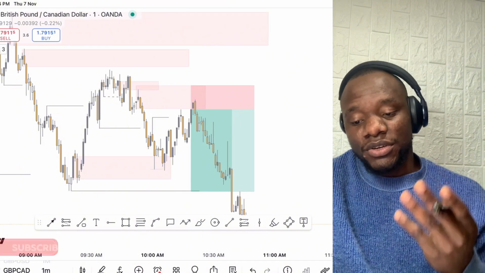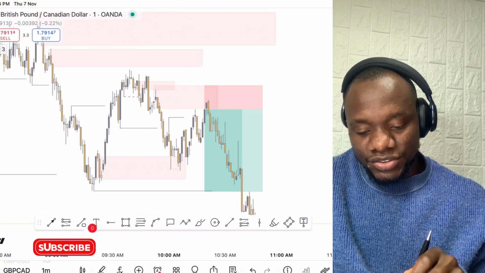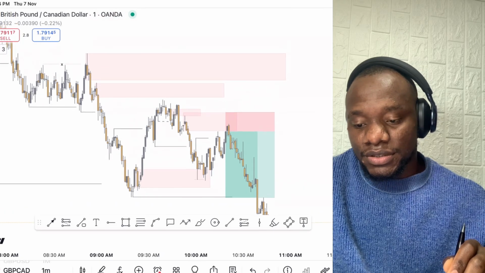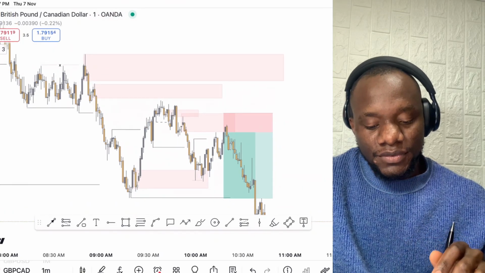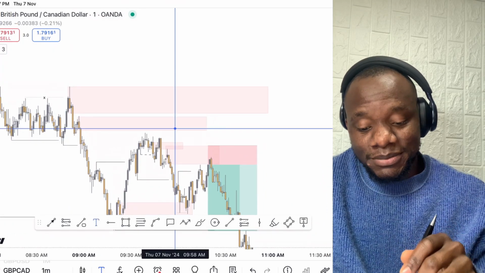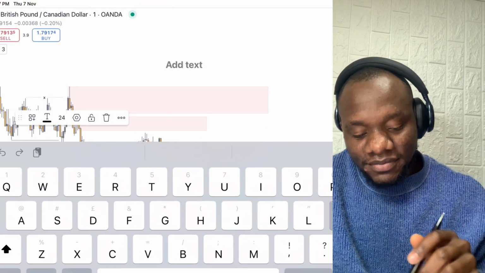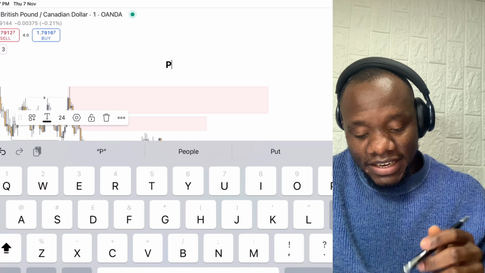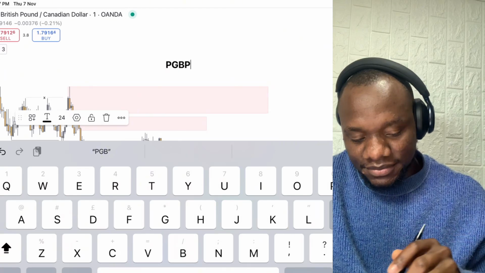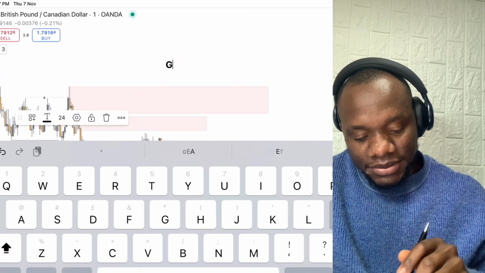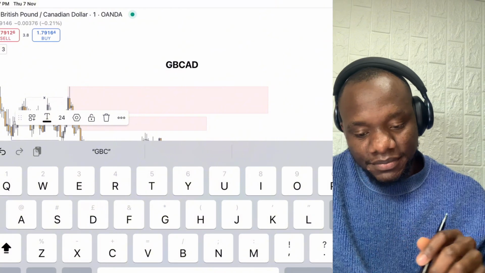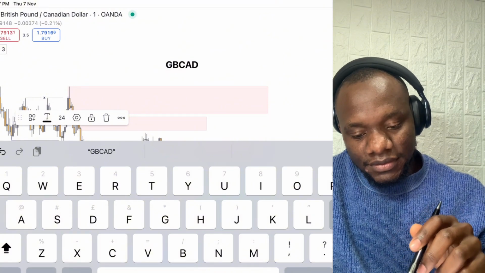So this morning I woke up and found a trade on GBP/CAD. I don't know how come I started trading GBP/CAD, but I felt like it's one of the pairs I like this time.